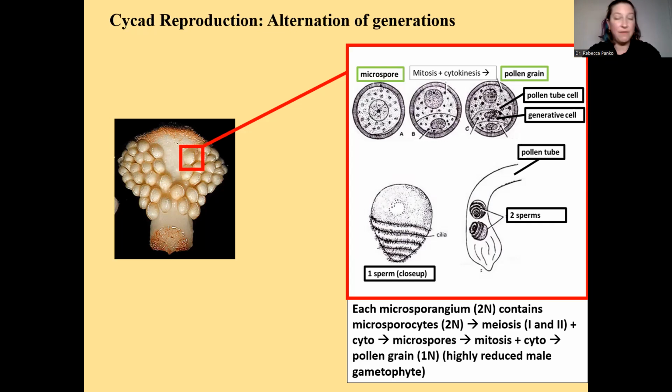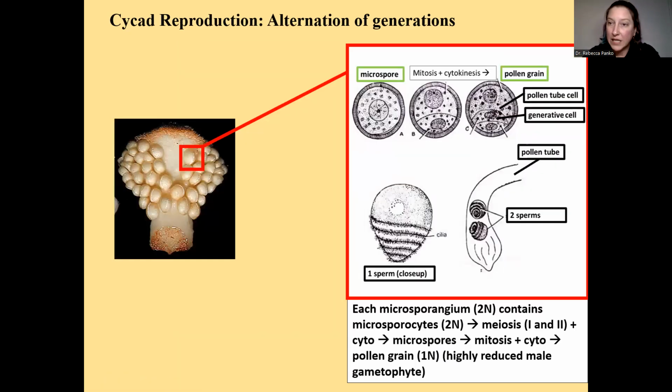Here, what's the male gametophyte plant reduced to? Basically 3 cells: pollen tube cell, generative cell, and prothalial cell. That's a big difference of one organ like antheridium versus 3 cells. 3 cells are way smaller than an organ, right? So that's why we say highly reduced male gametophyte plant.